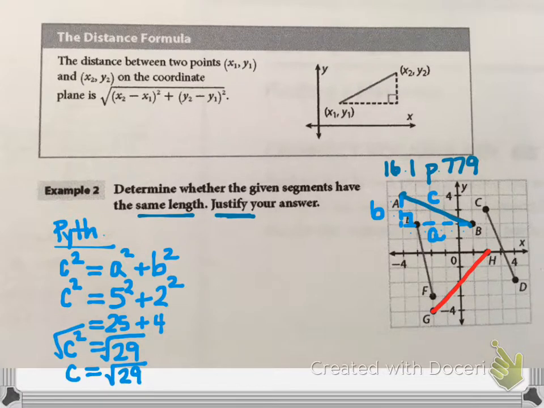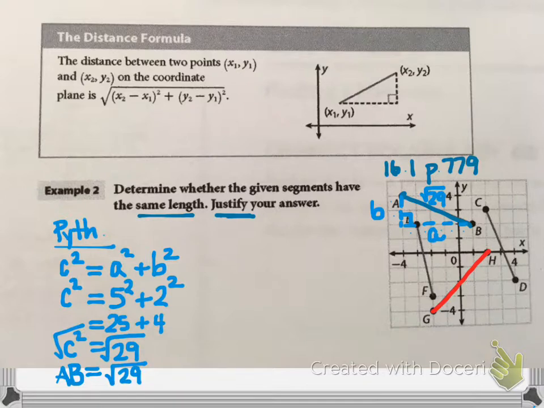We only need the positive version. The length of segment AB, if I change this little c to AB, the distance between A and B is the square root of 29. Sweet. So I know that this is now the square root of 29.